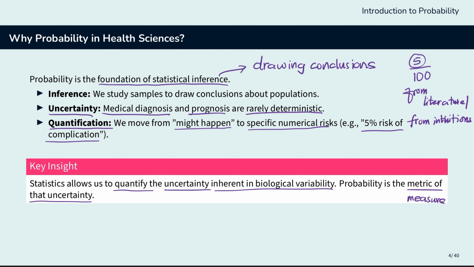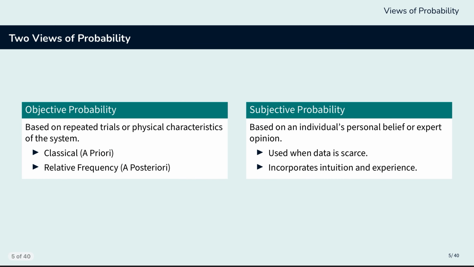So let's move on. There are two views of probability. One is objective probability, and the second is subjective probability. Objective probability is based on repeated trials or physical characteristics of the system. Classical probability, which is a priori probability, and relative frequency probability, which is a posteriori probability, are generally called objective probability.